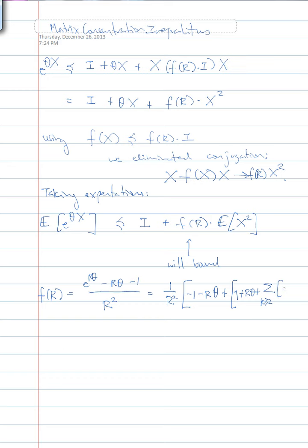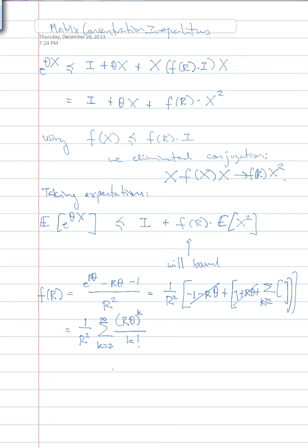My point is that the first two terms cancel. So f of r is equal to 1 over r squared, which we factored out, times the sum from k equals 2 to infinity of r theta to the k divided by k factorial.